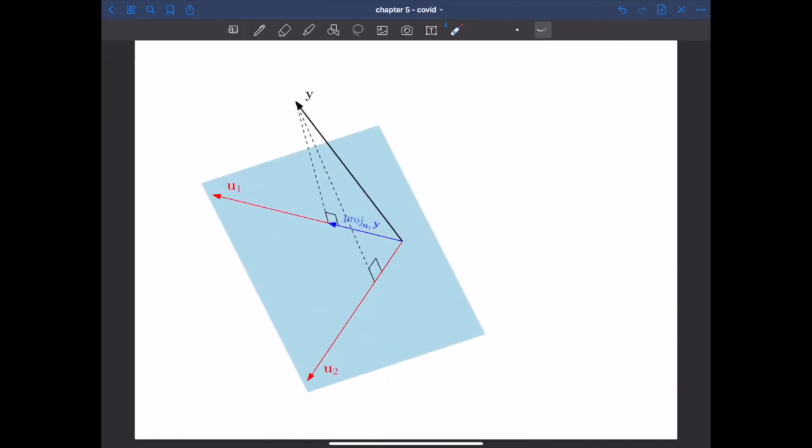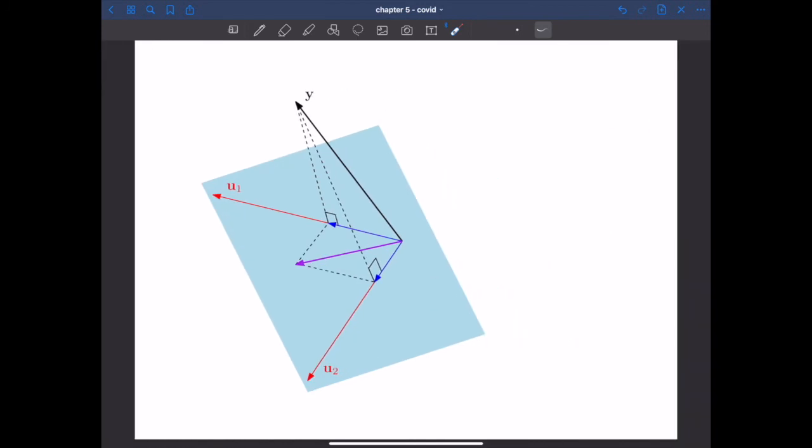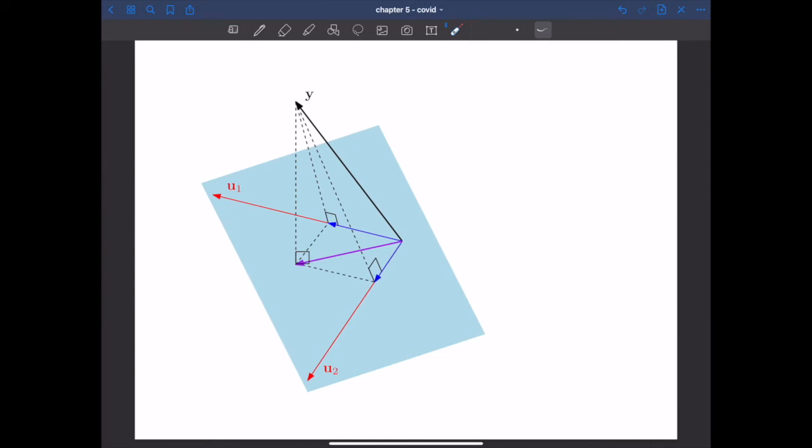And then I'm going to do the same thing projecting onto u2, and that gives me a second blue vector here. Now if I take these two blue vectors and I add them up, that's going to give me this purple vector here, and this purple vector is exactly the vector I would find if I dropped a line down from y to the plane so that it meets the plane orthogonally. So this is exactly what I said would be the projection of y onto the plane W.